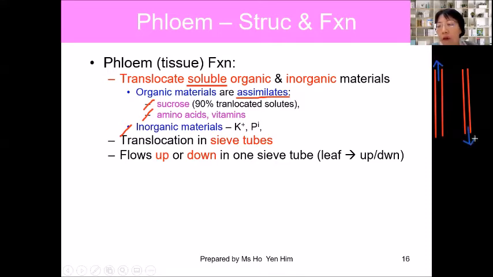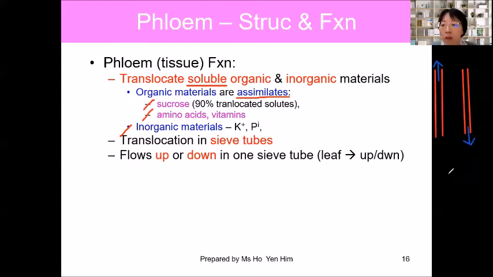This is like a highway: on one side of the road the traffic moves up, and on the other side the traffic moves downwards. Sieve tubes function in the same manner. Every sieve tube only has movement in one direction, but all in all, there will be movement up as well as movement down the plant.